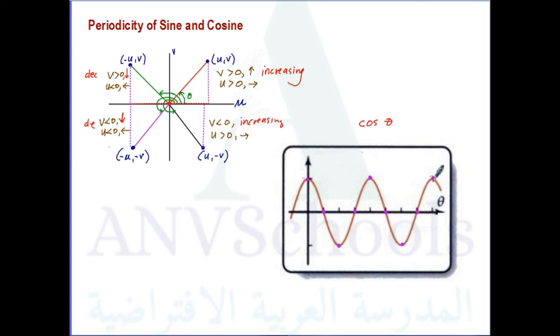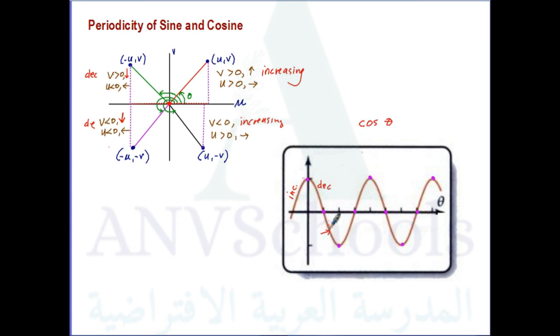So looking at your cosine theta, these are the critical points to be evaluated. So looking here, at this point it is increasing, right? So it is increasing here. And here it is decreasing up to this point, okay?